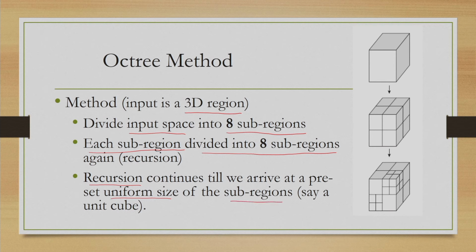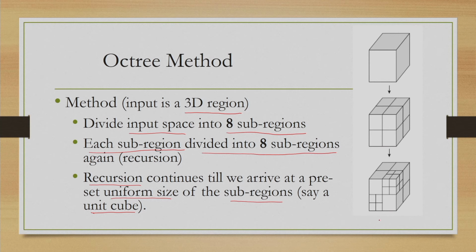Now, this size can be user defined, for example, a unit cube. So, when we see that our division leads to unit cube sized regions, then we stop there.